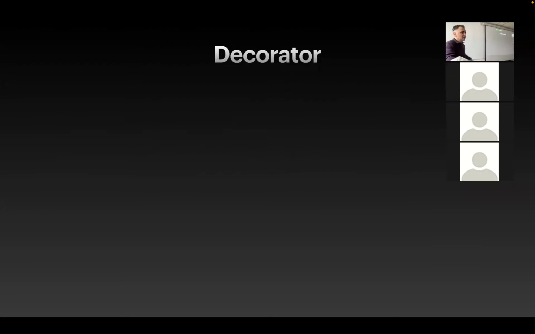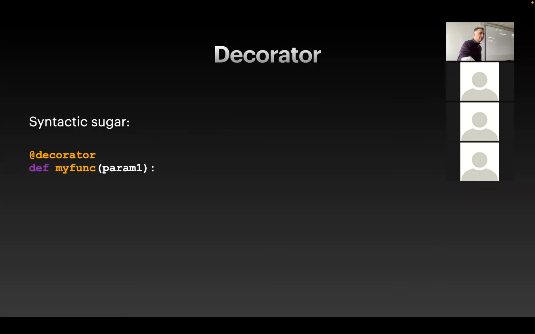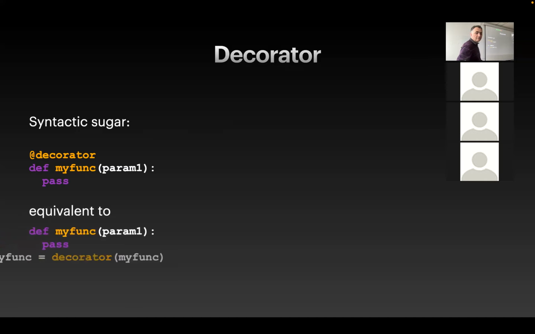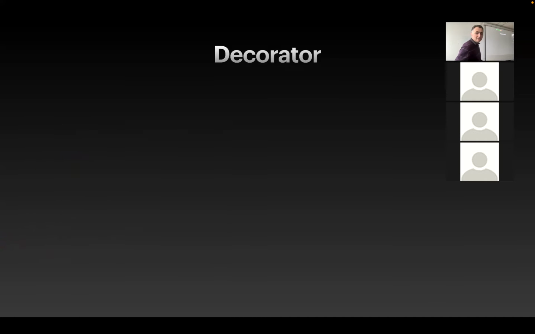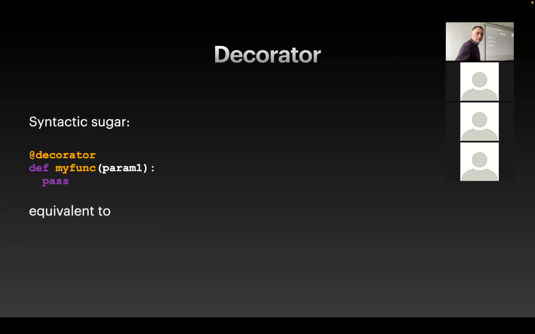And we'll implement this in a decorator. But first, what is a decorator? The decorator is basically just syntactic sugar. This is all there is to know about the decorator. This thing is equivalent to this.